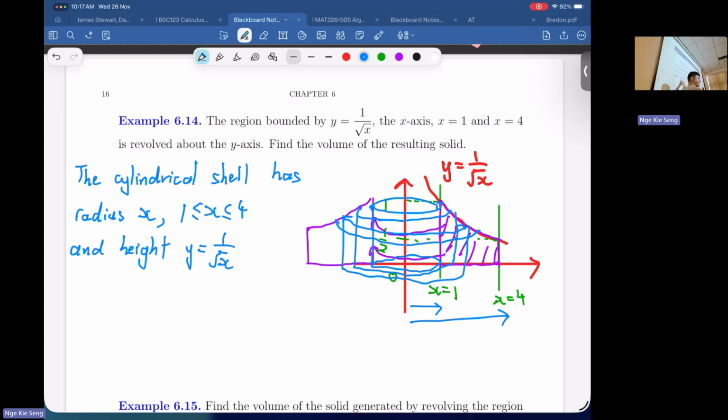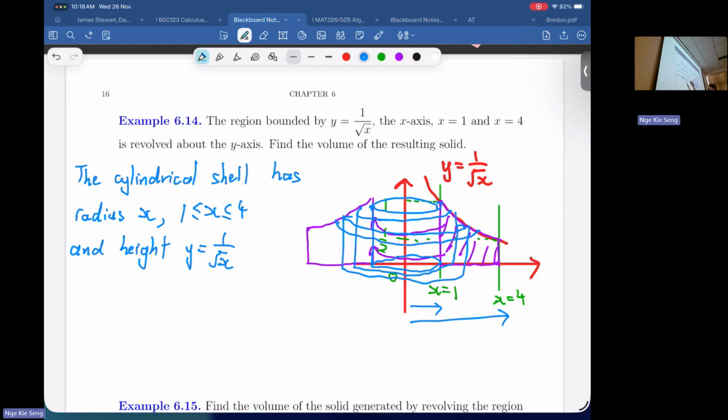This height is very convenient because it depends on x, and you know how to control your x. For example, when x equals 1, your height is 1. When x equals 2, your height is 1 over square root 2. You might think there are two variables here, but actually there is only one, because the height depends on x. You know your radius, and you know your height already, because your height depends on your radius. So actually it's one variable.